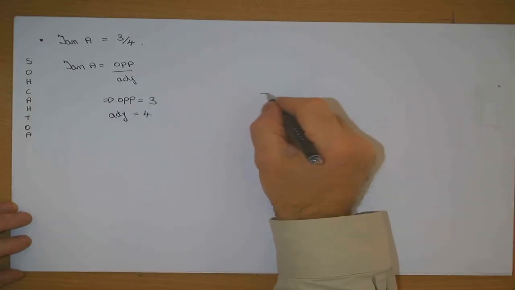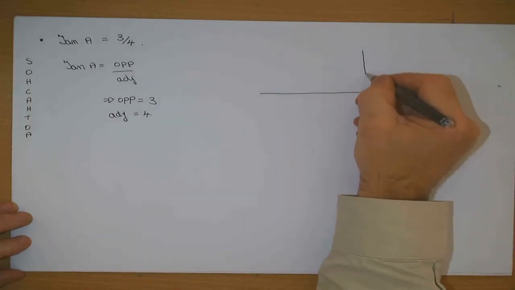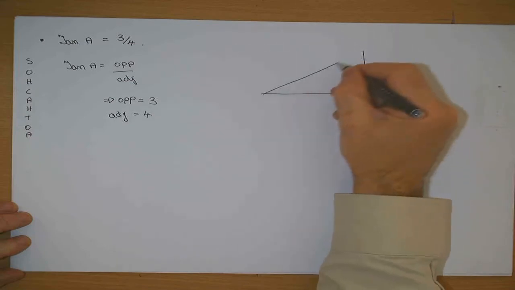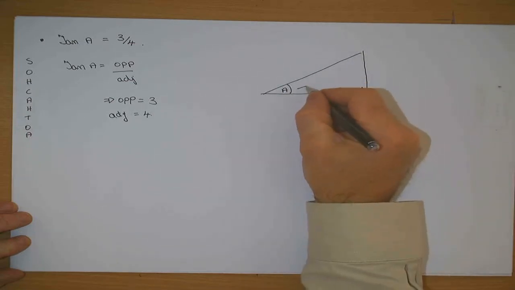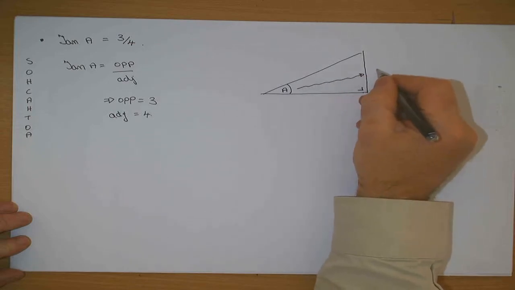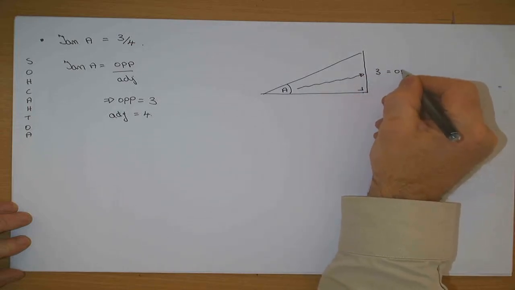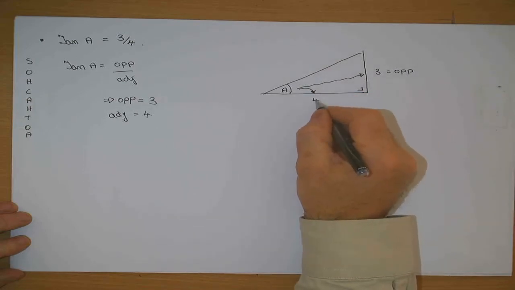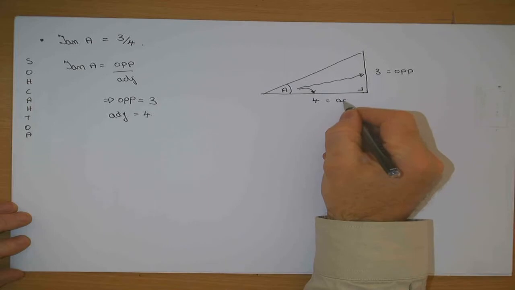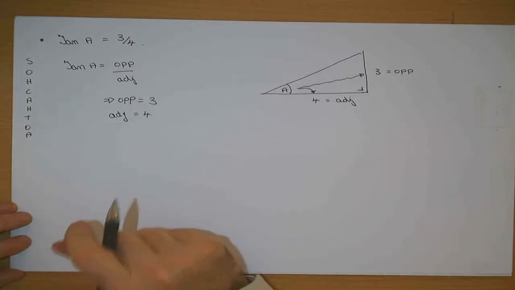So now I would draw my right angled triangle. And if this is the angle A, which side is the opposite? There. So that's 3, because it's the opposite. Which side is that? 4. Why? It's the adjacent. I don't know the other side.